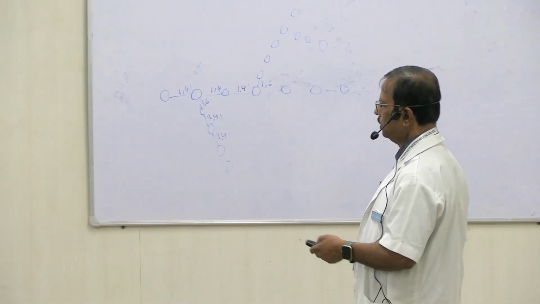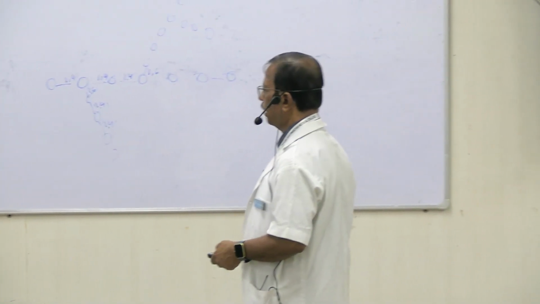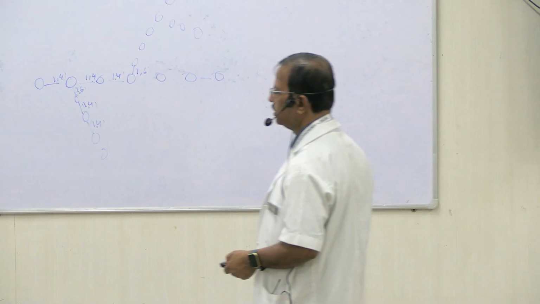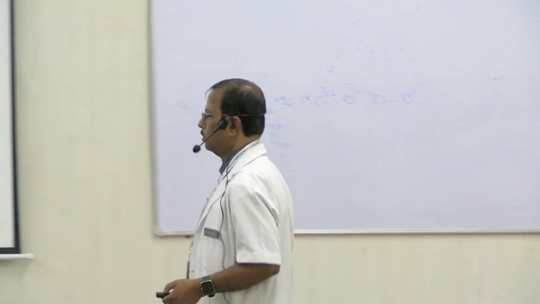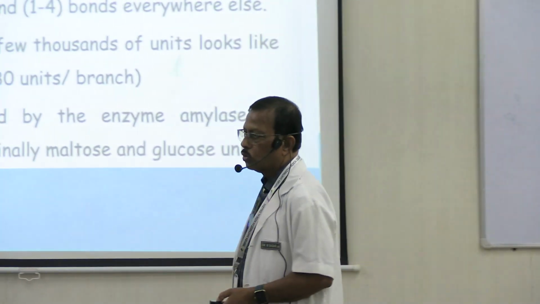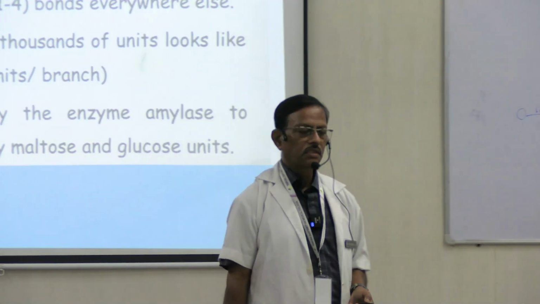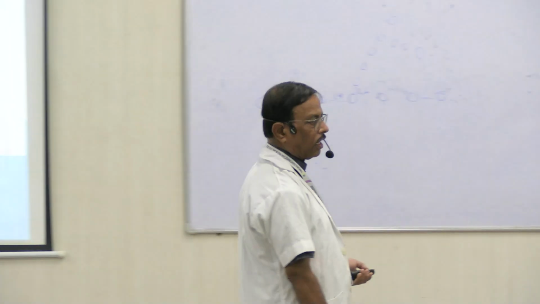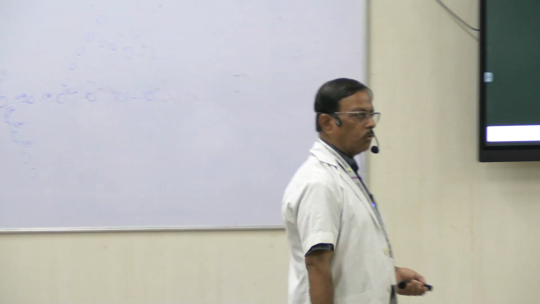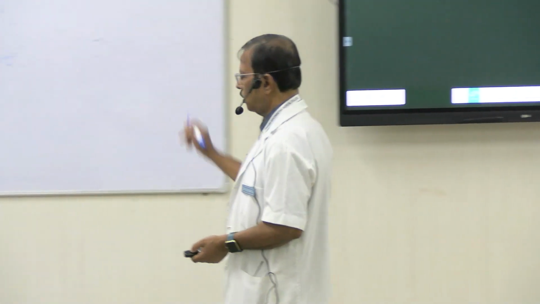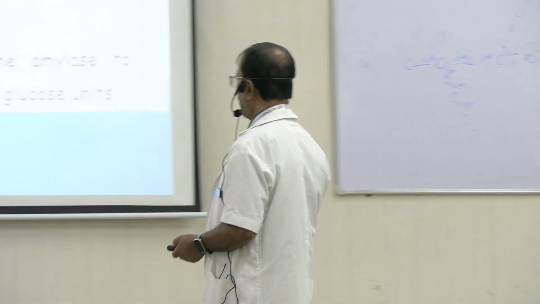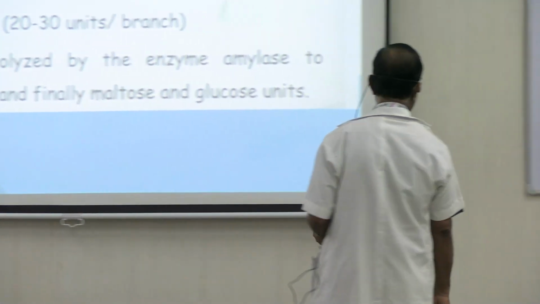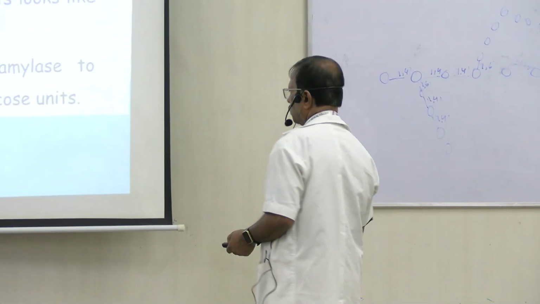Starch is hydrolyzed by the enzyme amylase to liberate dextrin and finally maltose and glucose. So maltose, why? Because the 1,6 bond is there, it cannot be hydrolyzed, so two molecules of glucose remain, and the others are hydrolyzed into glucose.